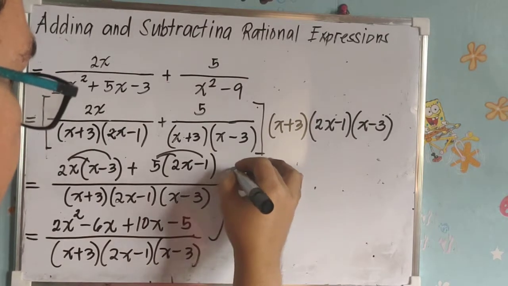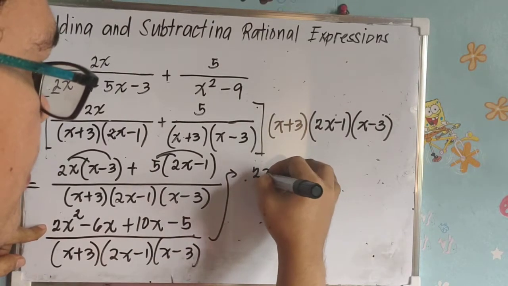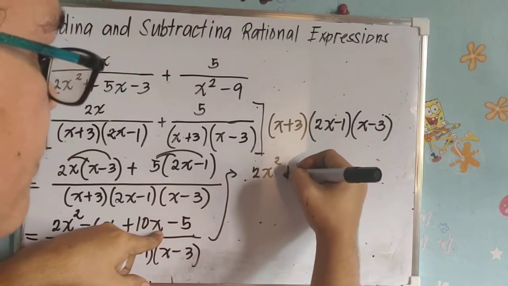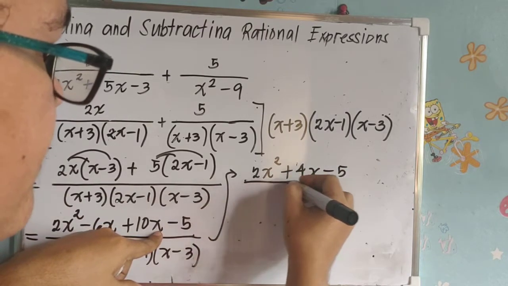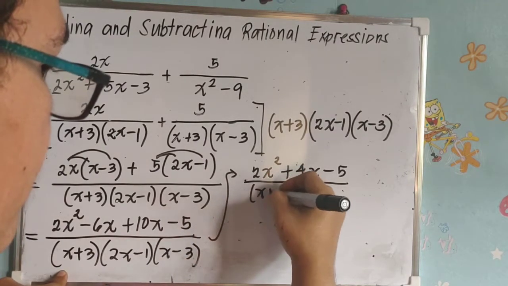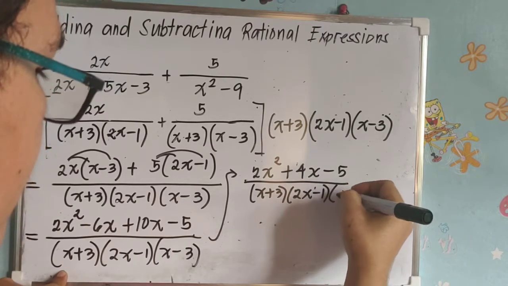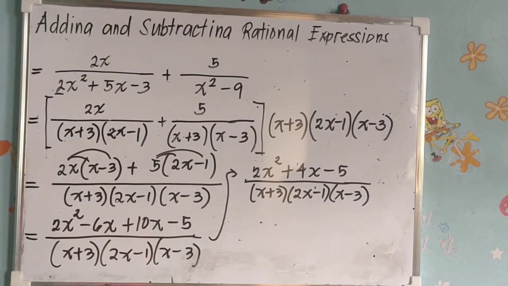Simplify further. Let's put an arrow here. So 2x squared, negative 6x plus 10x, we have 4x minus 5, all over x plus 3 times the quantity 2x minus 1 times the quantity x minus 3. Okay?